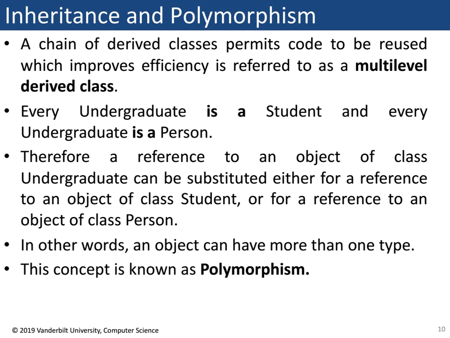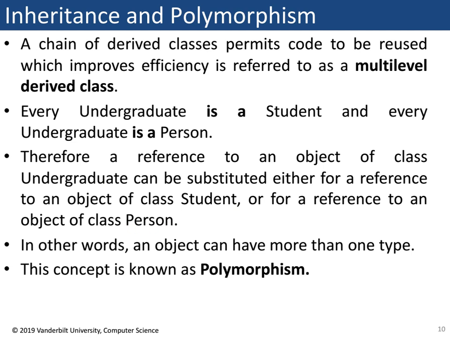Because, as we said, this undergraduate is a student, and this undergraduate is also a person because a student is a person. So by understanding that an undergraduate is a student is a person, we understand that an object of type undergraduate can also be considered an object of type student and also be considered an object of type person.